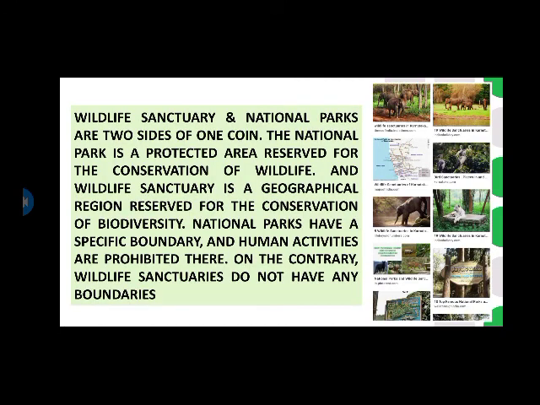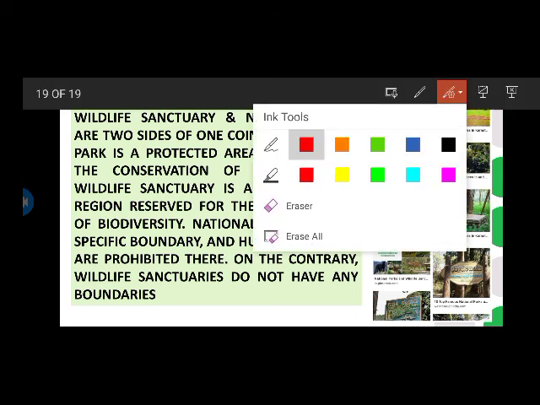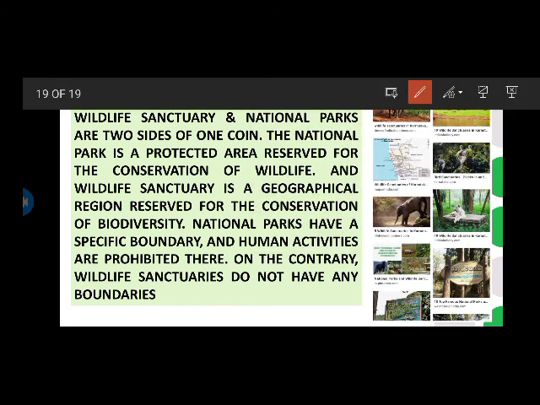So you see our government also takes good measures to preserve these forests. Wildlife sanctuary and national parks are two sides of one coin. That means the national park is a protected area reserved for the conservation of the wildlife. What does reserved mean? Reserved means kept aside.